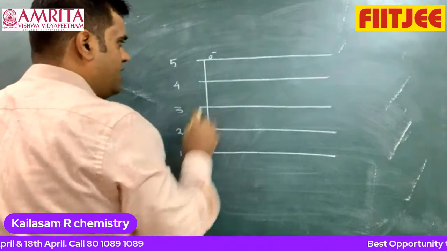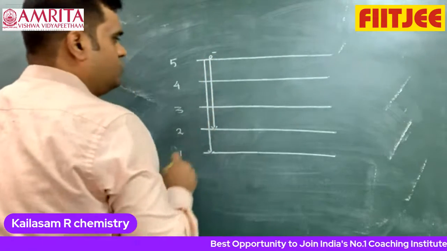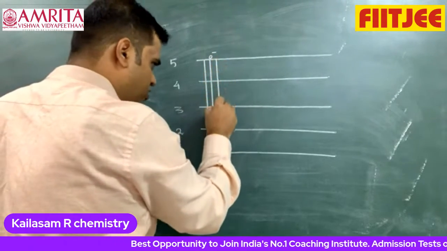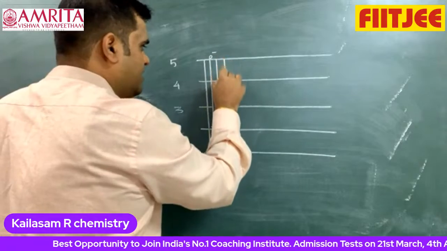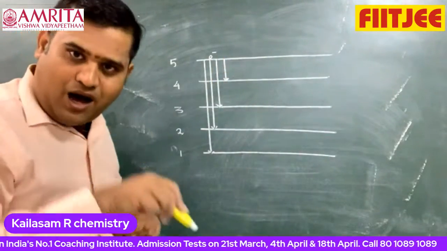It may go 5 to 1, or 5 to 2, or 5 to 3, or 5 to 4. Or it may go 4 to 1, or 4 to 2, or 4 to 3.